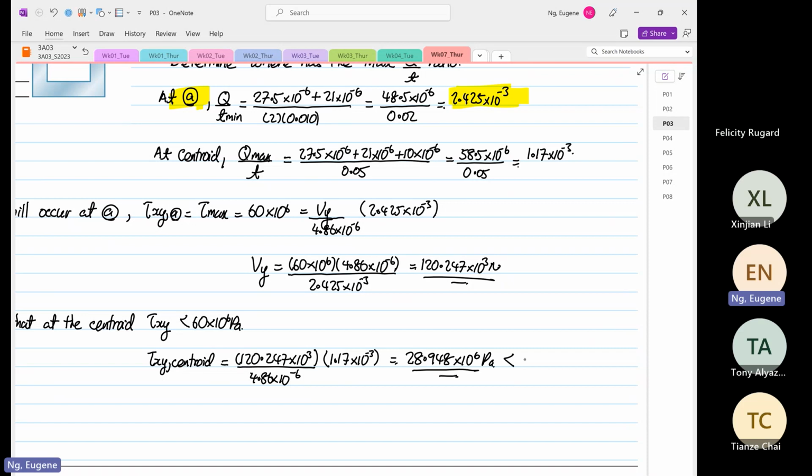And this is less than 60 times 10 to the power 6 Pascal. Okay, let me do it again. 120.247 power 3 times 1.17 power minus 3 divided by 4.86 power minus 6. Yep.